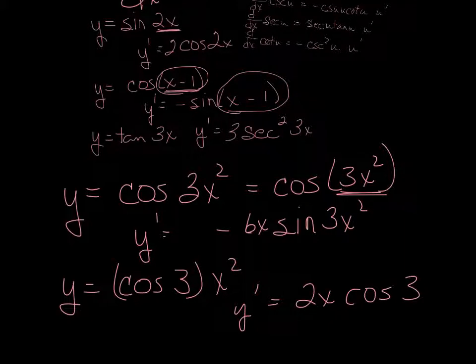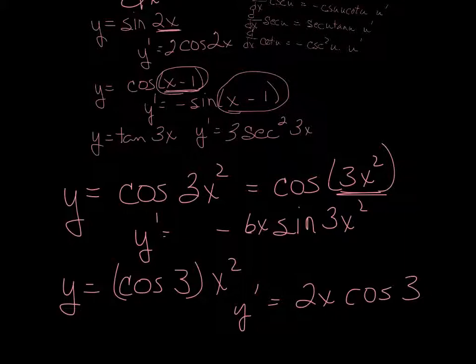But you didn't include constants. Pardon? So you only needed to do a derivative of the x squared. Yes, you include constants. If you're taking the derivative of a constant, that's 0, but we're taking the derivative of the cosine of 3 times x squared. If I have 4x, what's the derivative of that? 4.